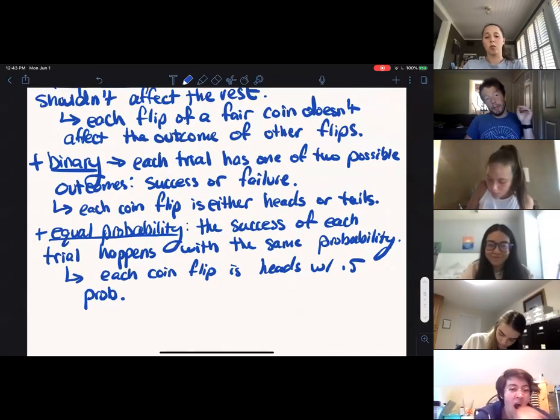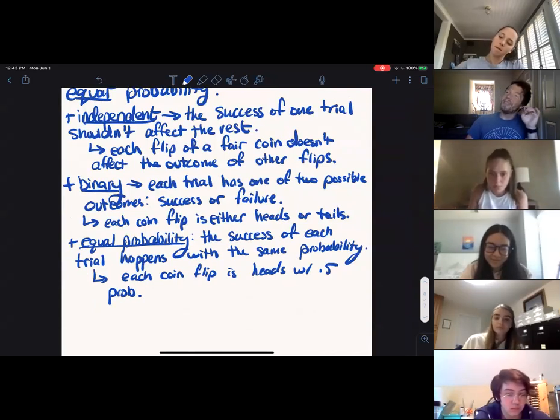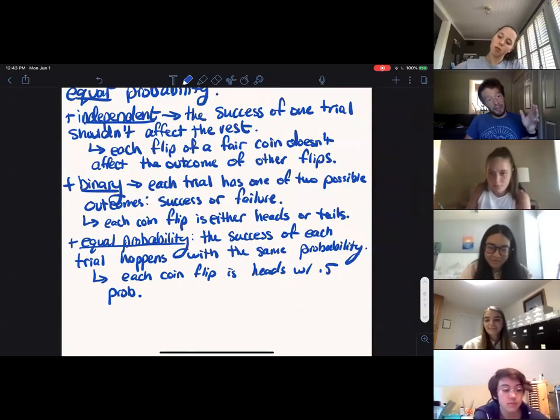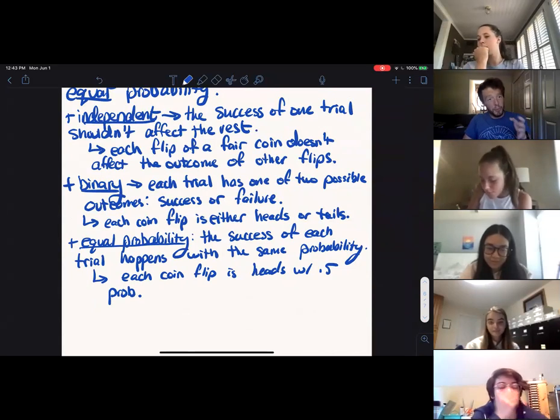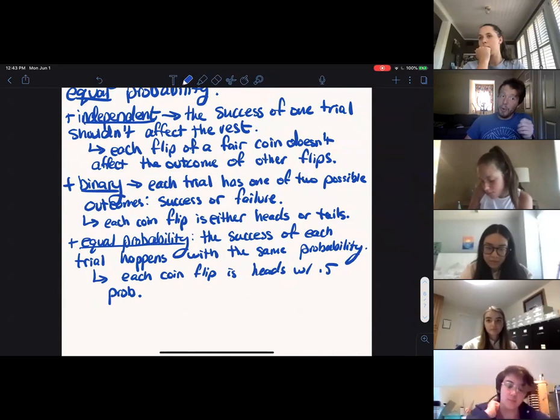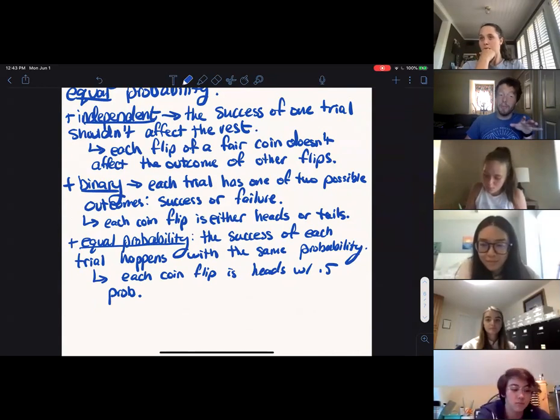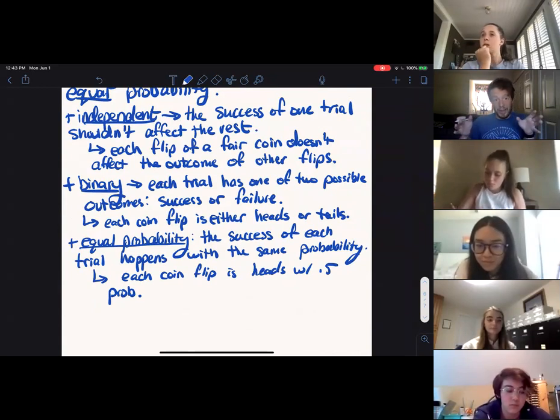Every single time we picked a first generation student, the probability of that student being first generation was 0.2, and that didn't change for every single trial. Every single time we flip the coin, the probability of heads is 0.5, and that doesn't change. So that's the third quality of all these distributions: the probability remains constant.